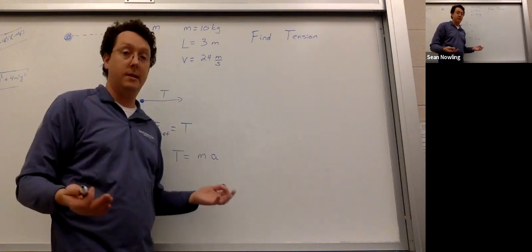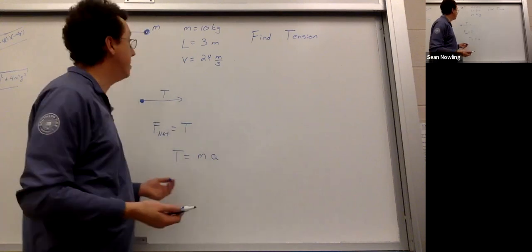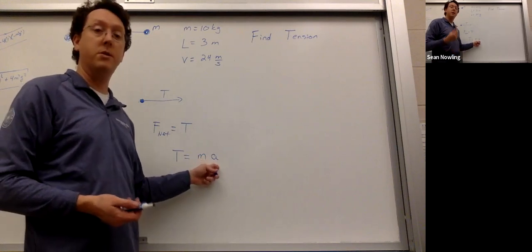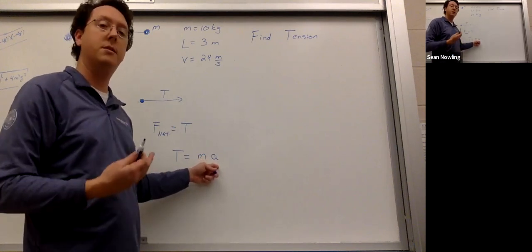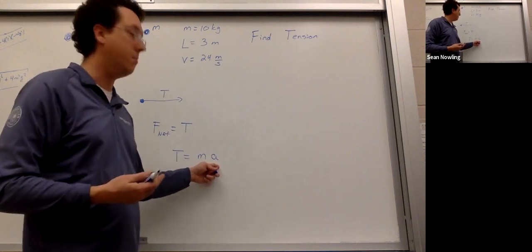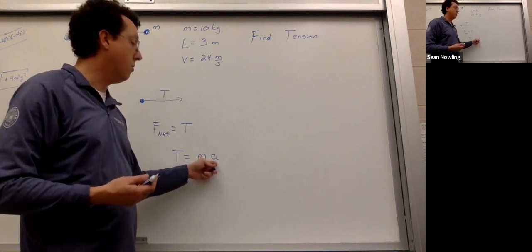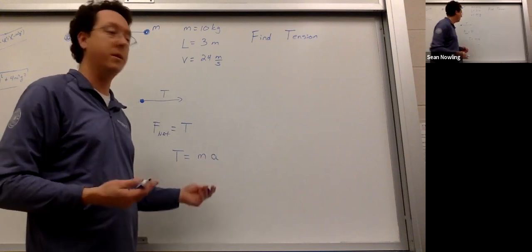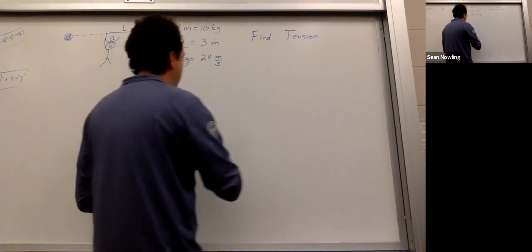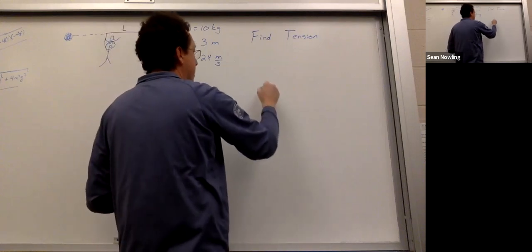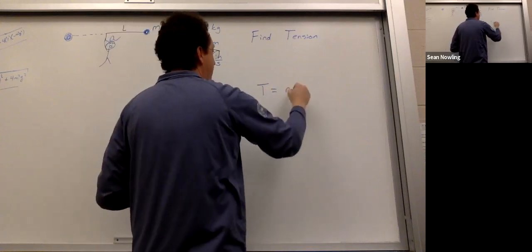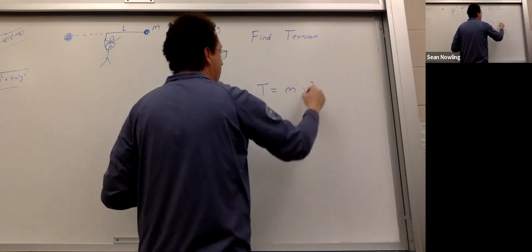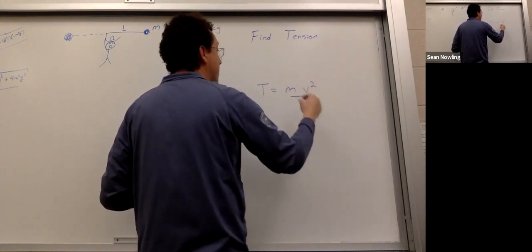Ordinarily, we wouldn't have enough information to deduce the tension because normally we don't know the acceleration. However, because this is a circular motion problem, I know a formula for the radial acceleration. It's the centripetal acceleration formula. So I can immediately write the tension equals mass times v squared divided by the radius.